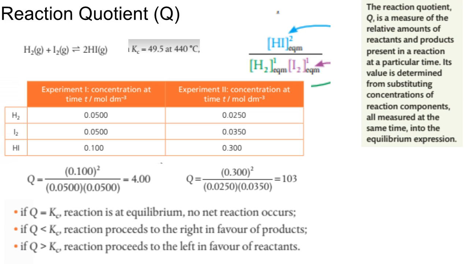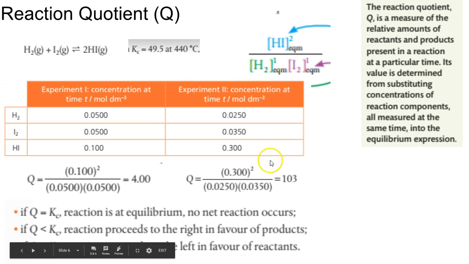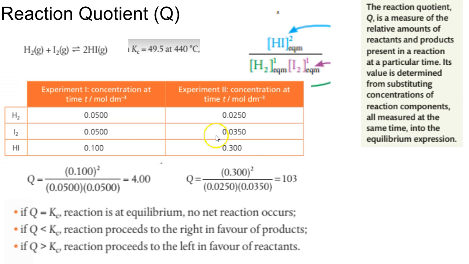Right now, there's a lot of reactants. If Q is greater, like in this case where it's 103 and our K is at 50, then it needs to produce more reactants before it goes into equilibrium. So the Q value will actually tell us where we are in relation to the equilibrium point.